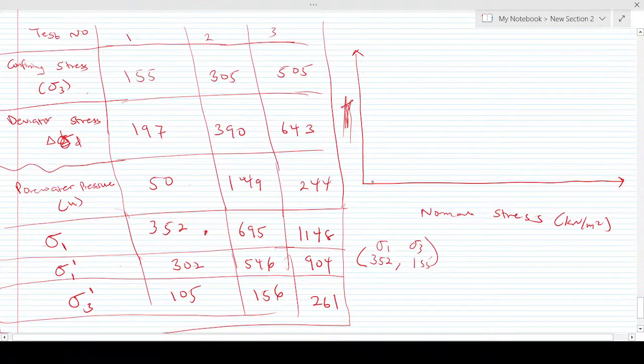But note that we are plotting all of them on the same axes. So because of these values, I'm just going to give the axis some values.